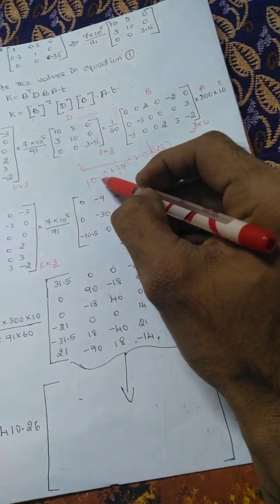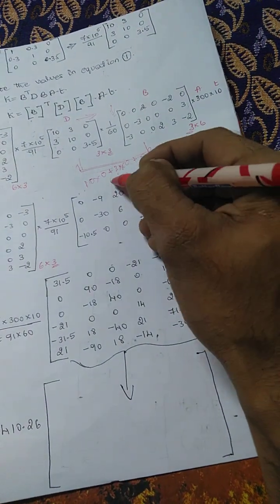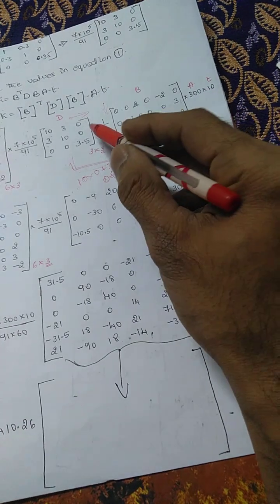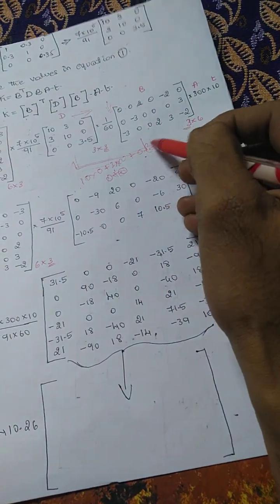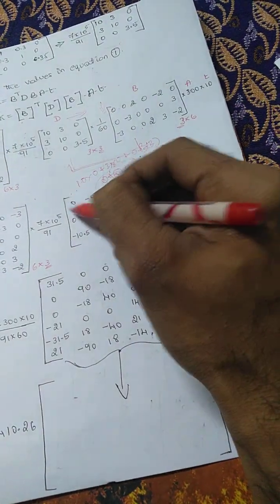So how much? 10 into 0 is 0, plus 3 into 0 is 0, plus 0 into minus 3 is 0 itself. So everything is 0, that is why this is 0.